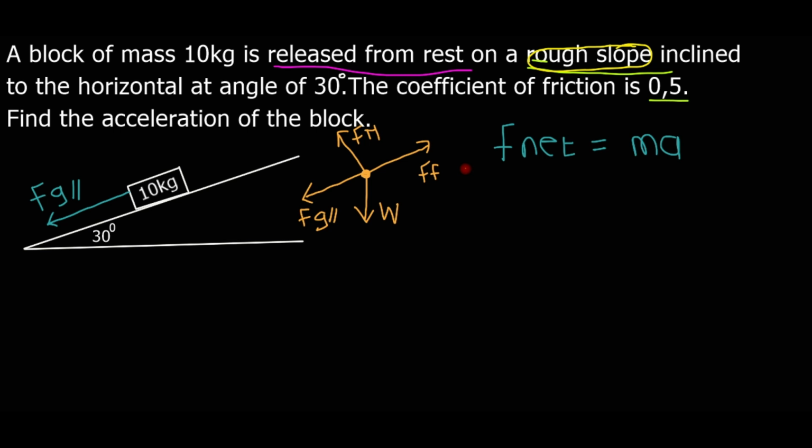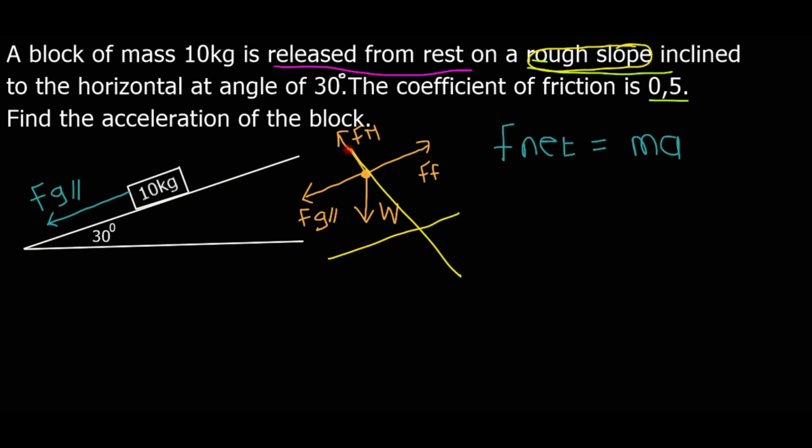On this object, the direction of motion is in this direction. This is our surface. We only take the forces that are parallel to this surface: the frictional force and this FG parallel, because FG parallel is parallel to the direction of motion.